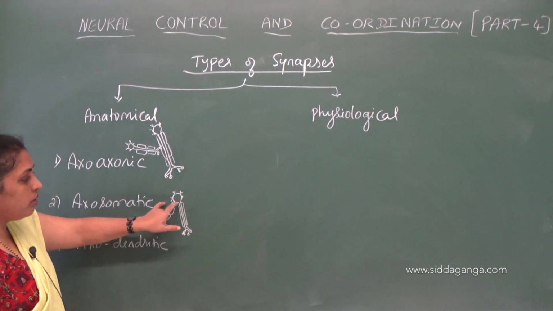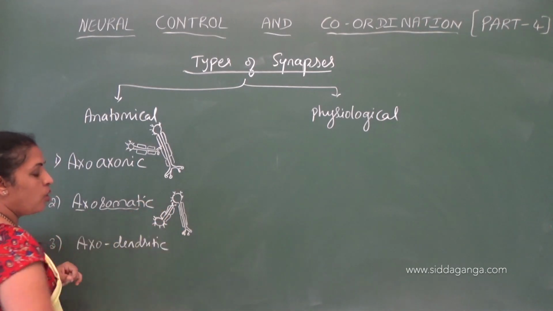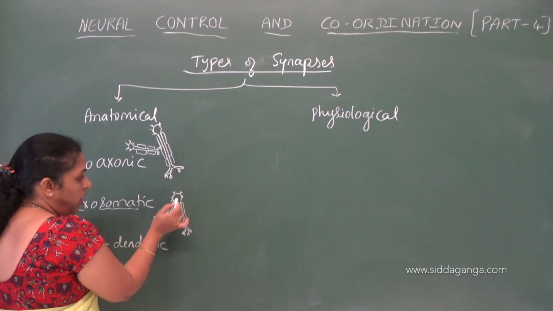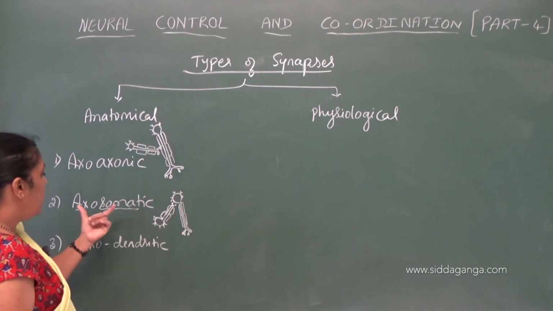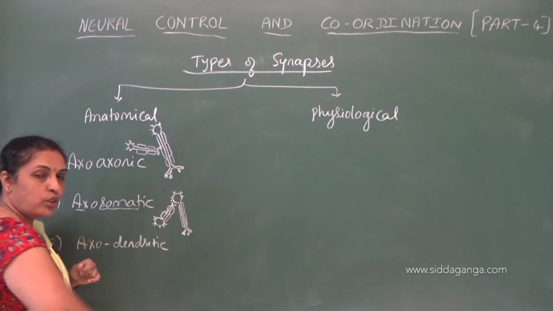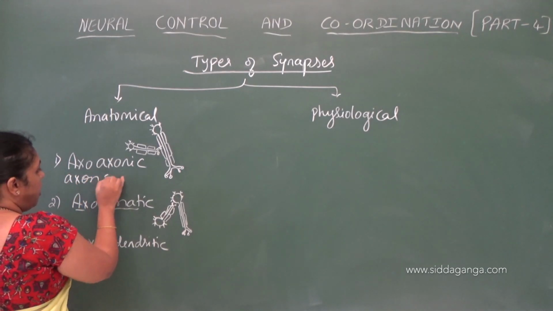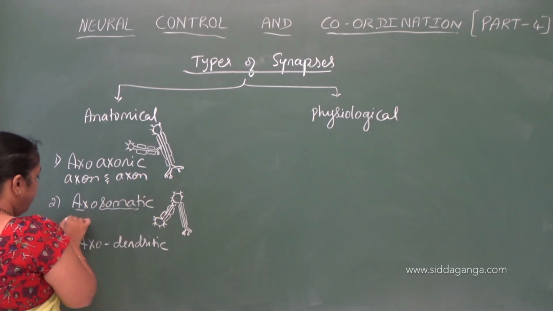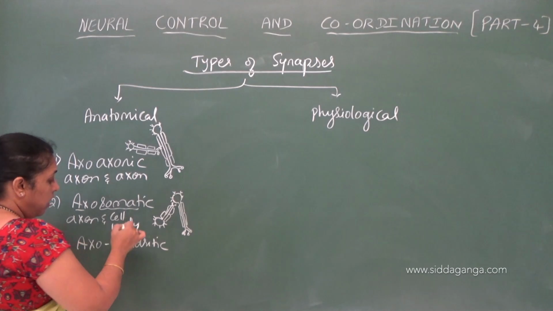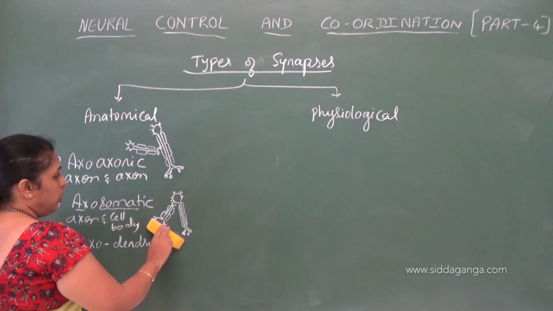If the axon is near the cytosol or cell body, then it is called axosomatic. Axosomatic is a type of synapse between the cell body of one neuron and the axon of another neuron. And axodendritic, which is very common.